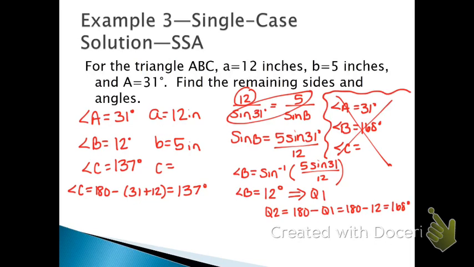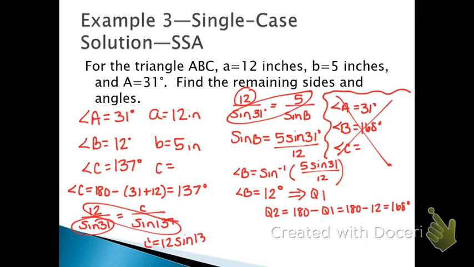A's. How come again? Because it was given. So 12 over sine of 31 equals side C over sine of 137. So cross multiply and divide. So C is 12 sine of 137 over sine of 31.